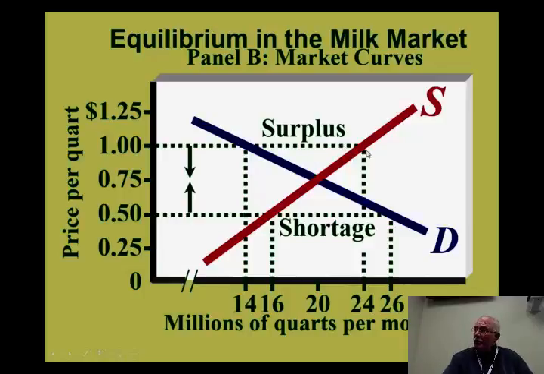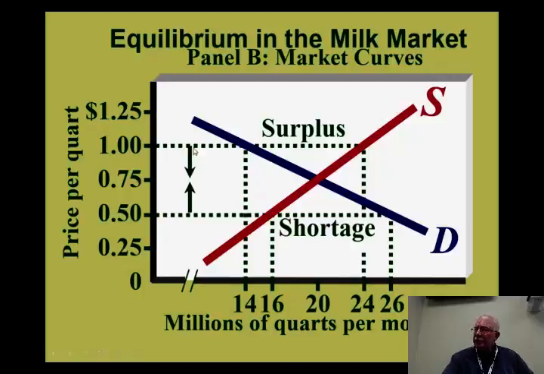We get more quantity supplied than quantity demanded. We get a surplus. And in order to get rid of the surplus, what's going to happen? There's going to be a fall. I mean, when suppliers have a surplus, what do they do to get rid of it? They lower the price, right? So the price goes down.